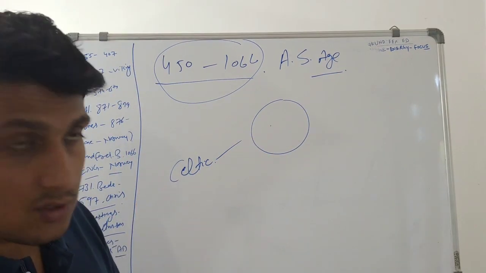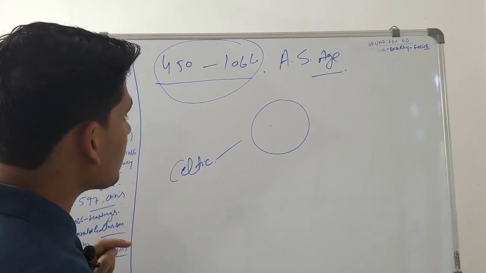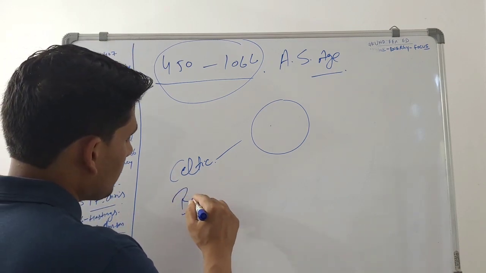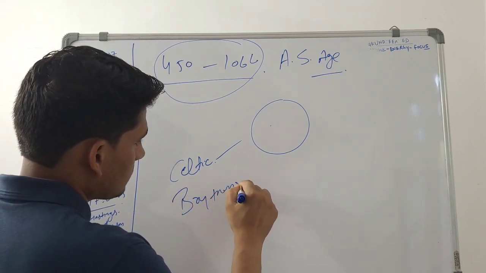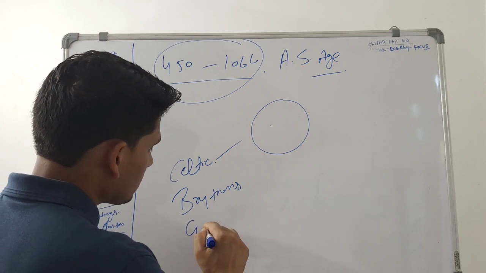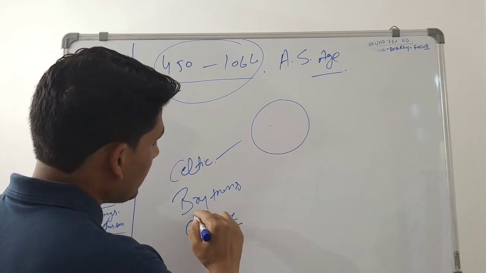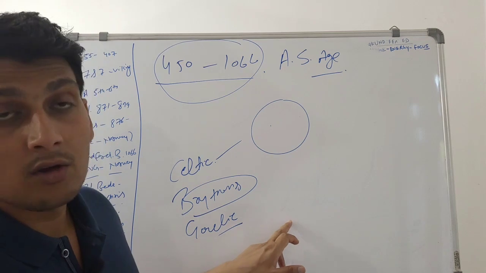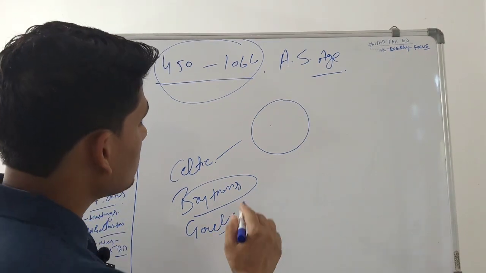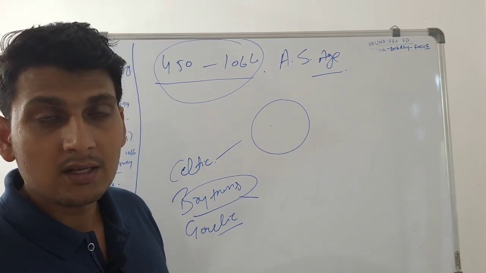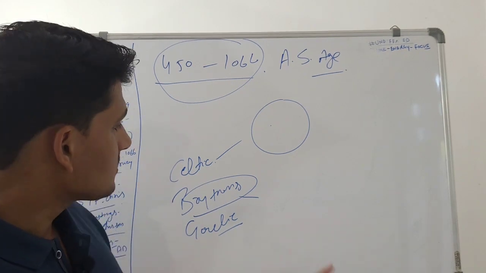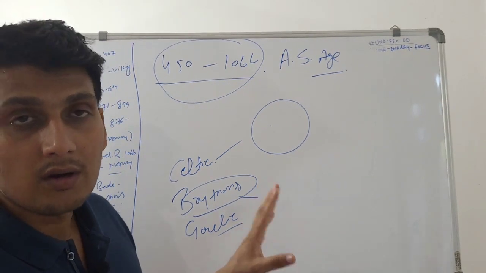In the Celtic tribe, we had the Brythons and the Gaelics, and incidentally, the name Britain has emerged out of the Brython tribe.